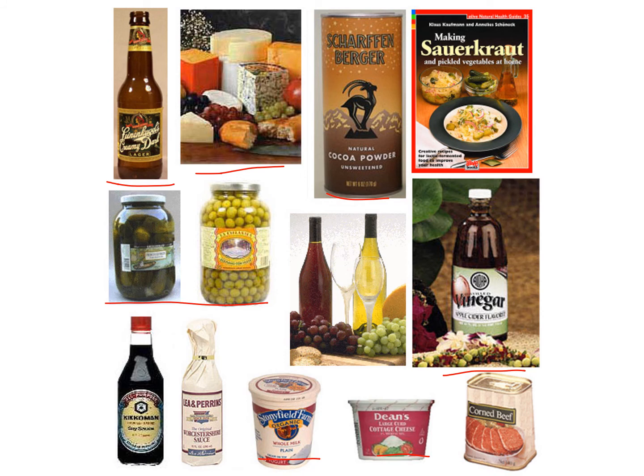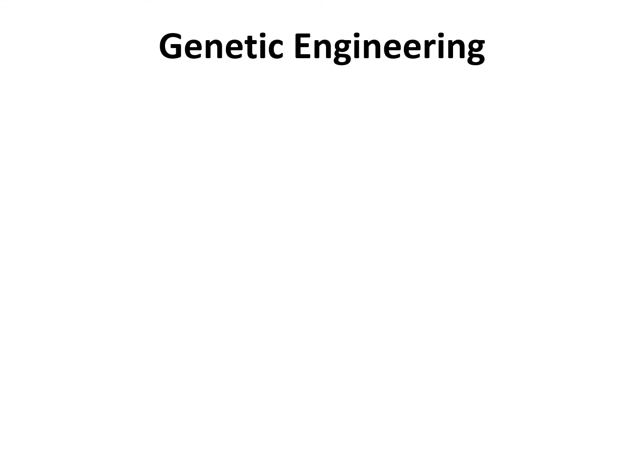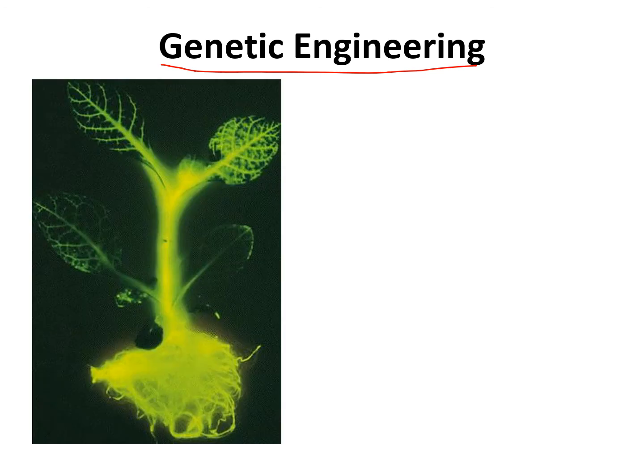Probably initially when I said biotechnology, you were thinking more of genetic engineering. Genetic engineering is a type of biotechnology where we engineer the DNA, where we change the microbe's DNA or the organism's DNA to get a result that we want. The very first example of this was when scientists put a gene for a lightning bug into a tobacco plant, and they caused the tobacco plant to glow.